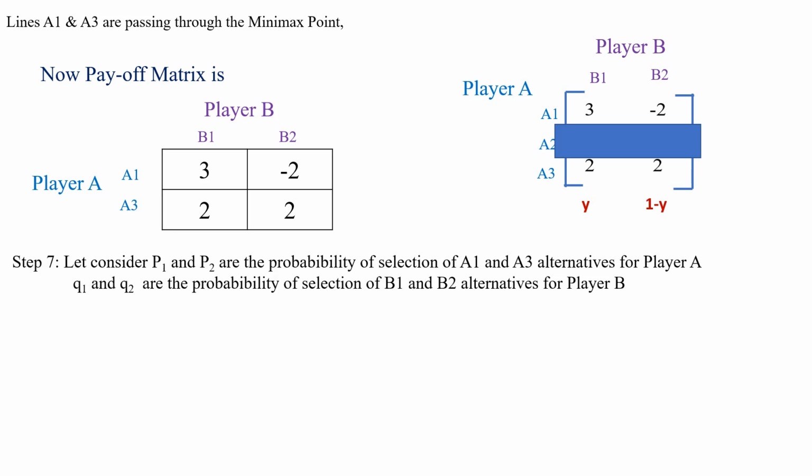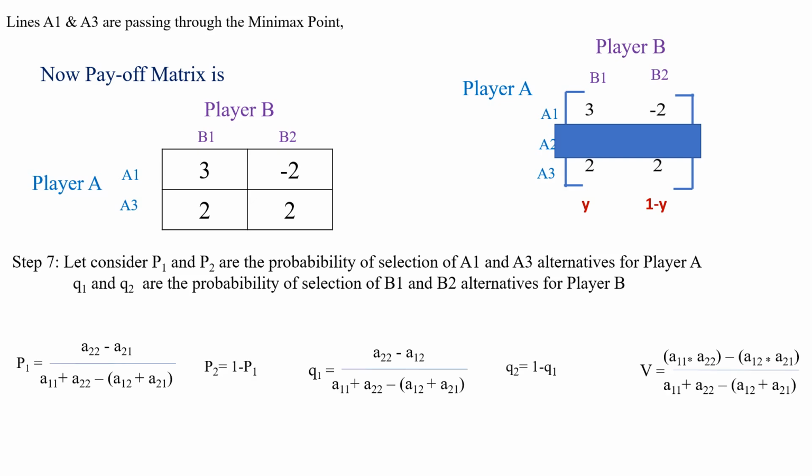Next we have to solve this 2 by 2 payoff matrix. Let P1 and P2 be the probabilities of selection of the A1 and A3 alternatives for player A. Similarly, let Q1 and Q2 be the probabilities of selection of the B1 and B2 alternatives for player B. We know the formulas to determine P1, P2 and Q1, Q2, and similarly the value of the game.